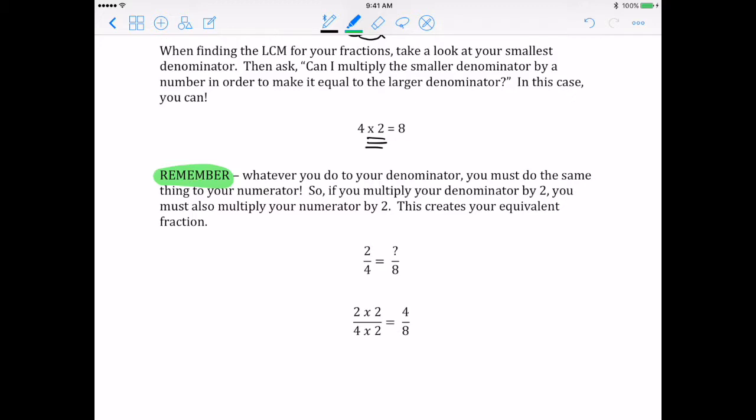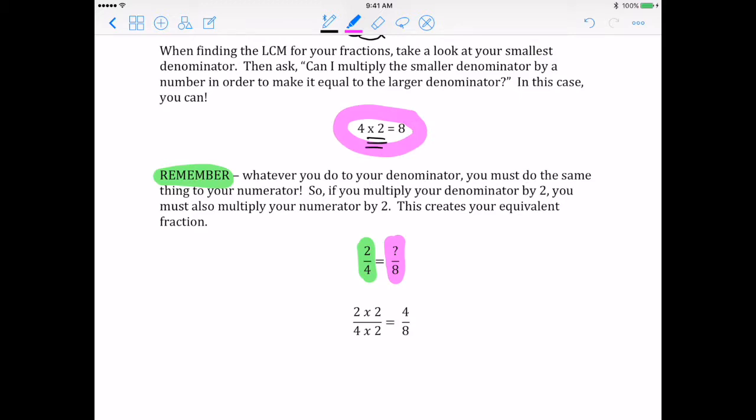So here you can see I have 2/4, and I want to turn it into a fraction with 8 as my denominator. Well, I can multiply 4 times 2, we saw that up here.